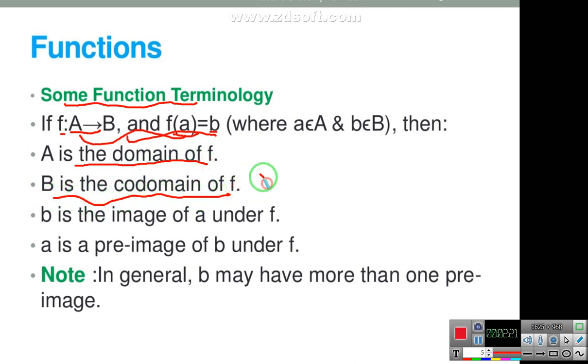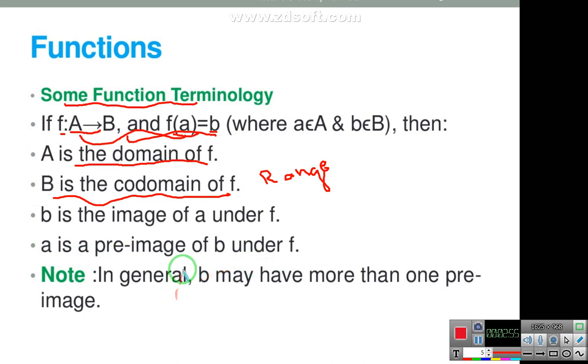We also call it the range of the function. We can also say B is the image of A. Like whenever you are standing in front of a mirror, you will see your image in the mirror. It means B is the image of A under the function f. Or we can also say A is a pre-image of B under f.